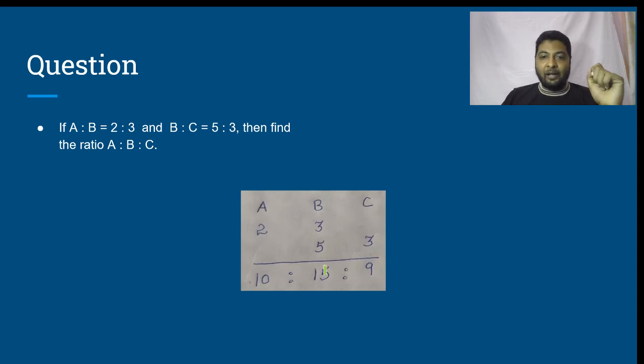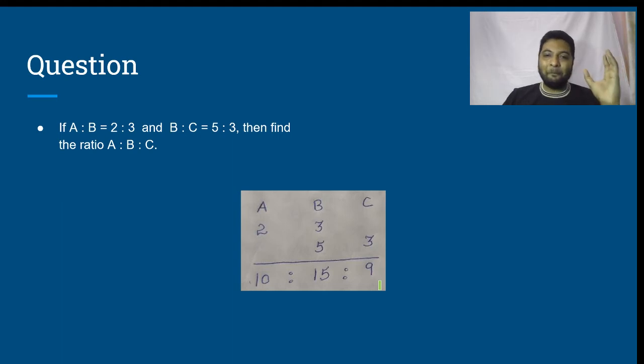To get 15, 5 at a time, how many times does B pick up? B picks 5 marbles 3 times. So C will pick 3 marbles 3 times, which is C will pick up 9 marbles. Now what is the ratio of A is to B is to C? 10 is to 15 is to 9. That's it. That is as simple as it gets.